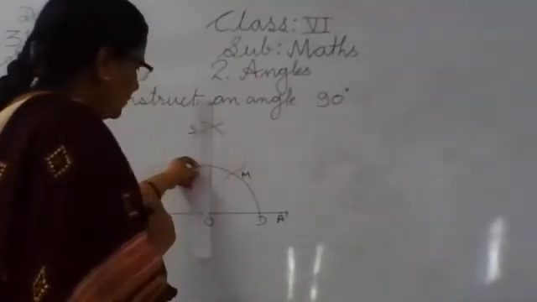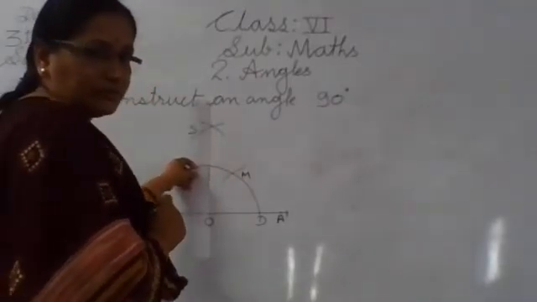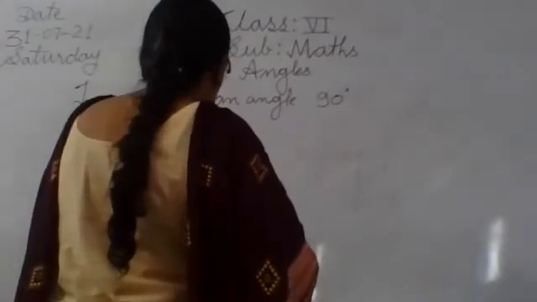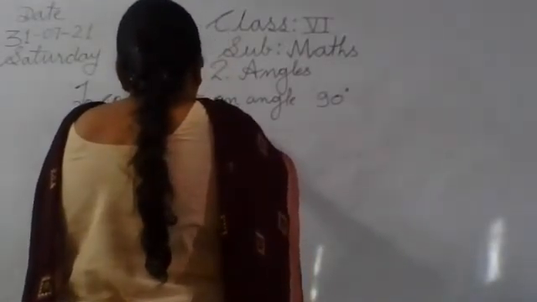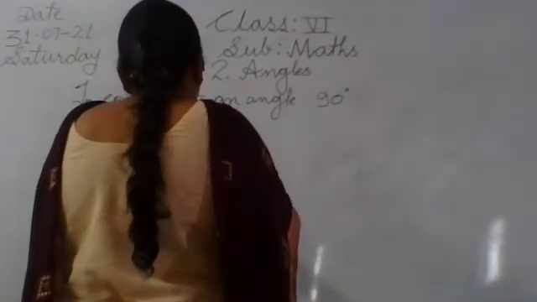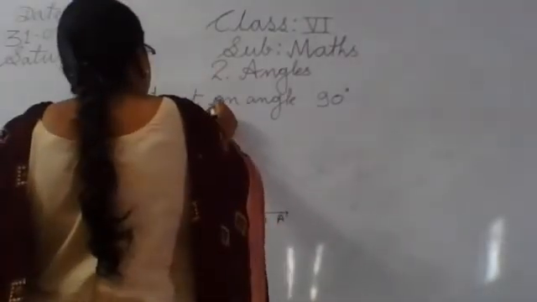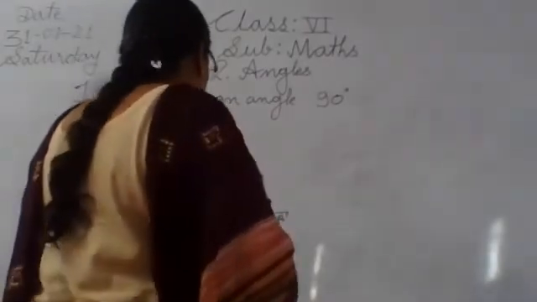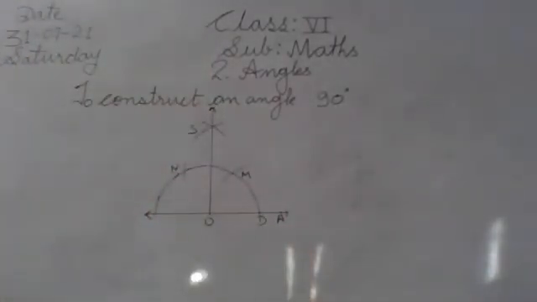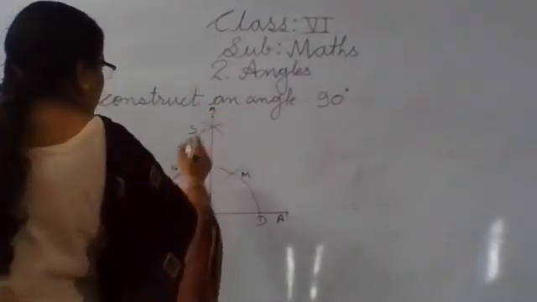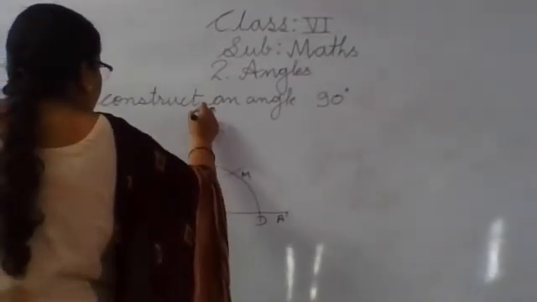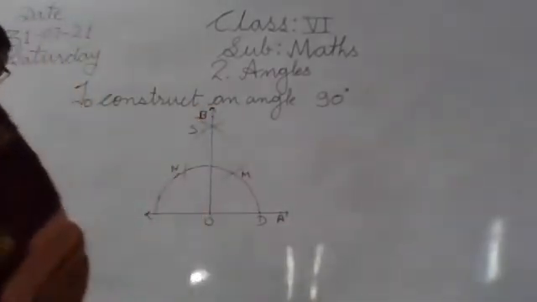See beta, properly arrange your scale and draw a ray through this. Okay. So here you can give the name B.